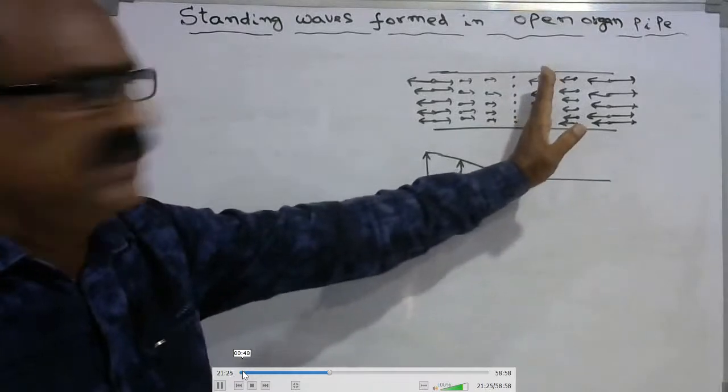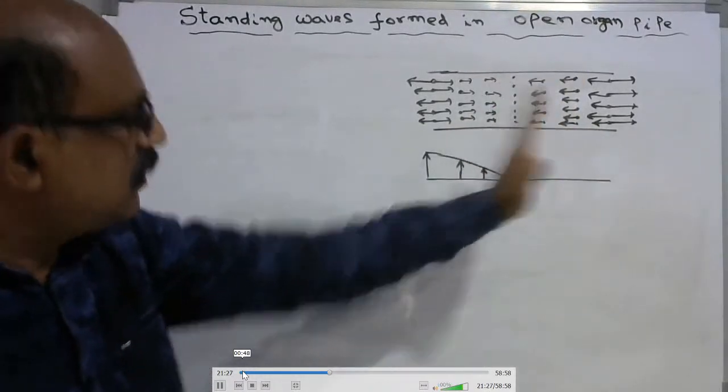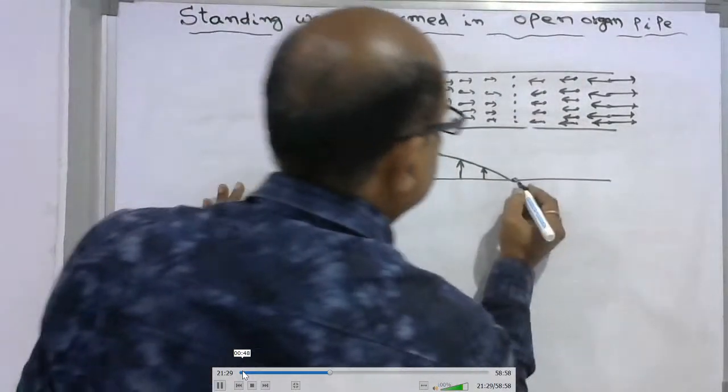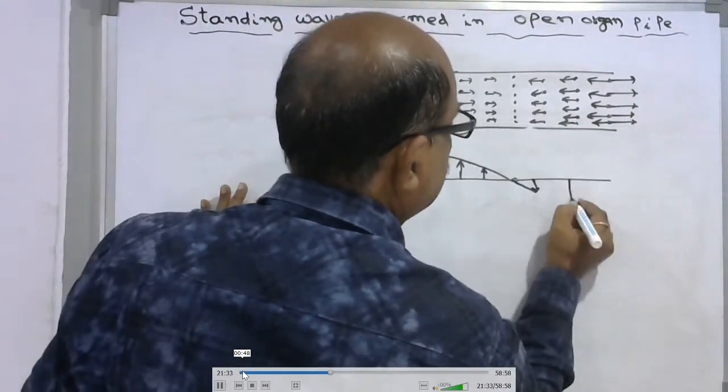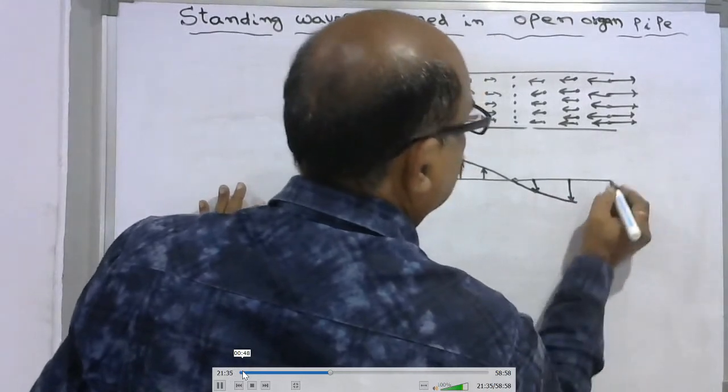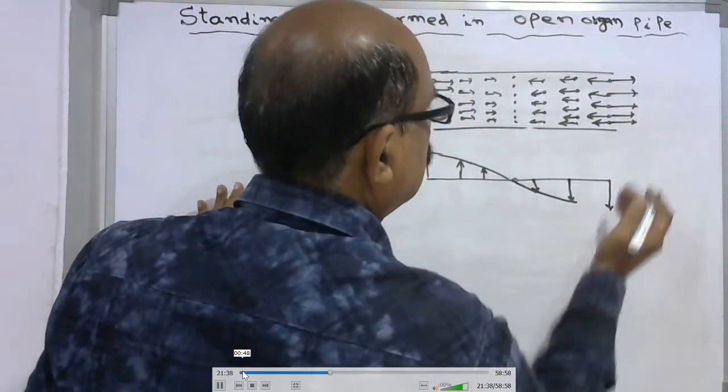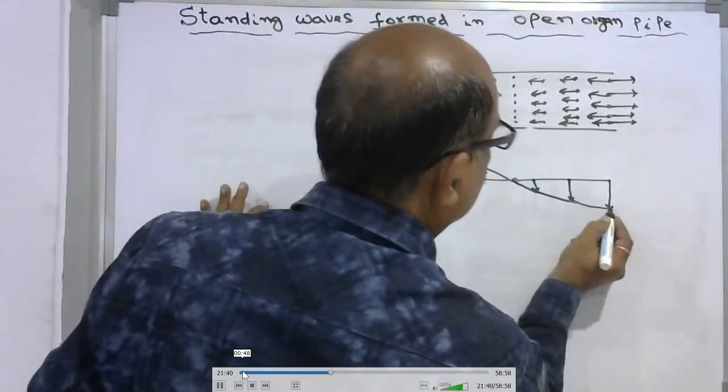And if you observe here, the displacement in the opposite direction is less, and here it becomes a little bit more. When you come to this end, in the opposite direction, it becomes more.